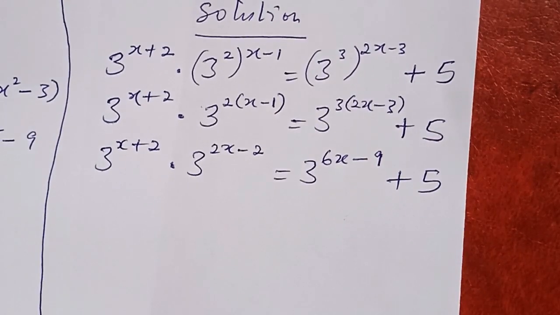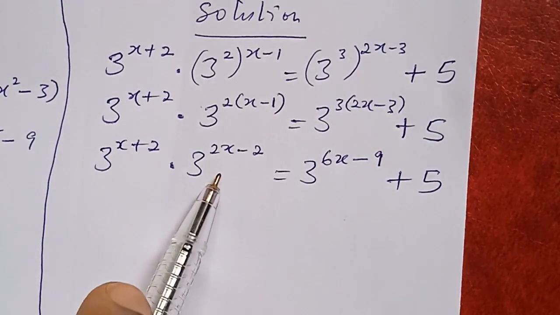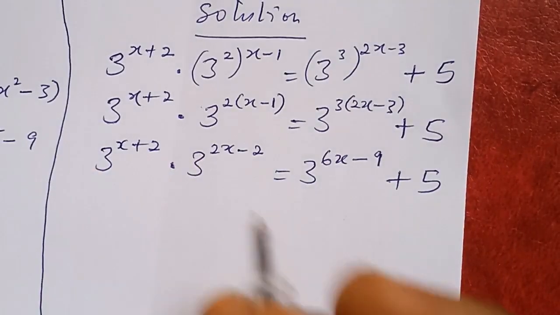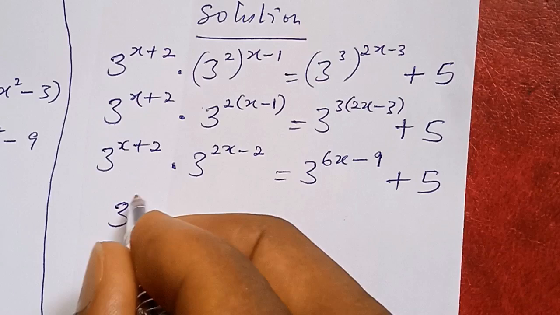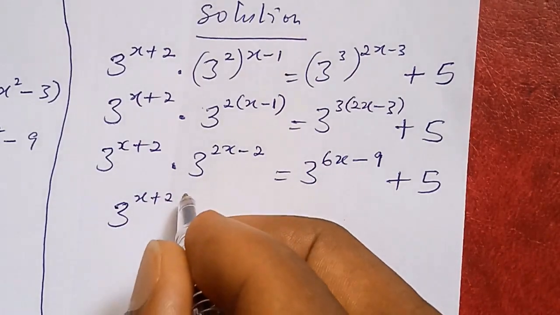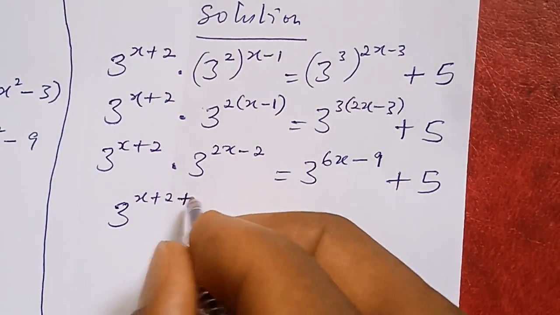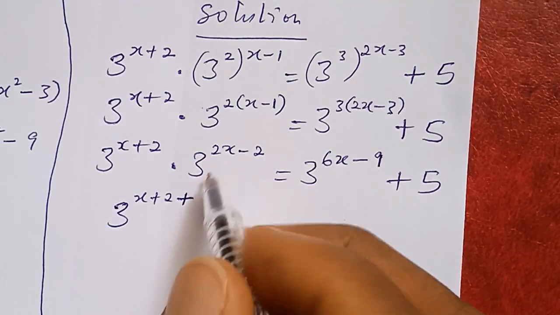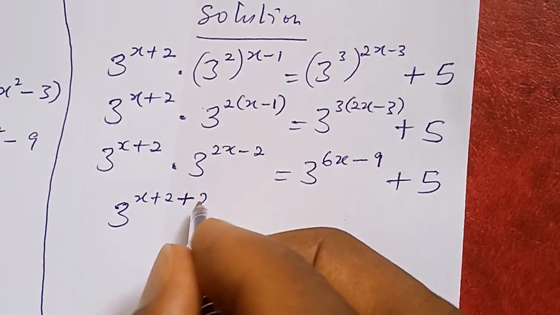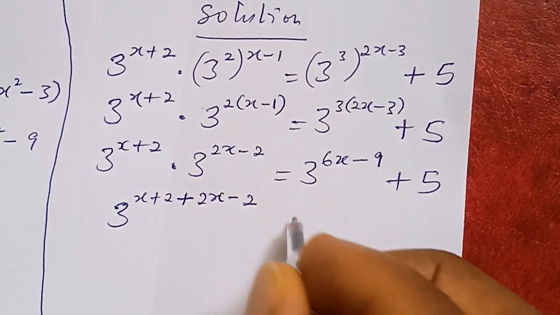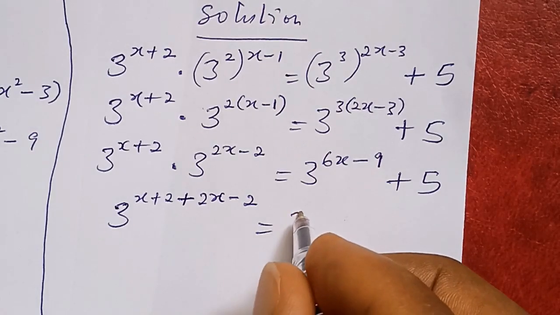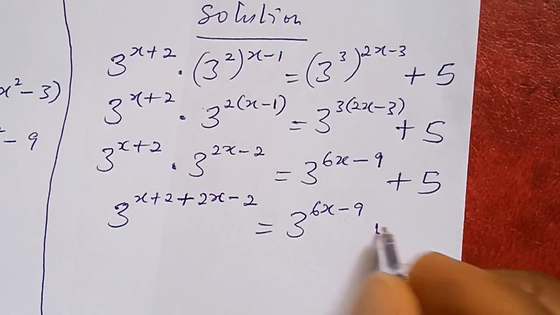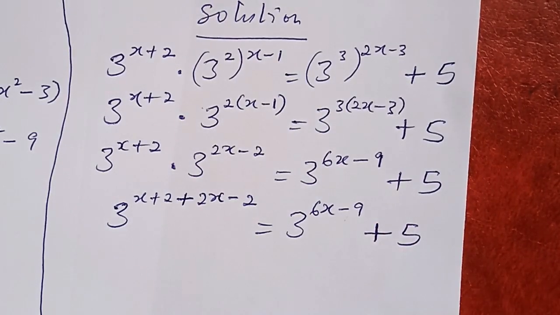So from here, what we need to do next is to combine these together, the expression at the left hand side. So we have 3 raised to power x plus 2, added with the other exponents of the next term to it. So we have 2x minus 2, everything equals 3 raised to power 6x minus 9 plus 5.